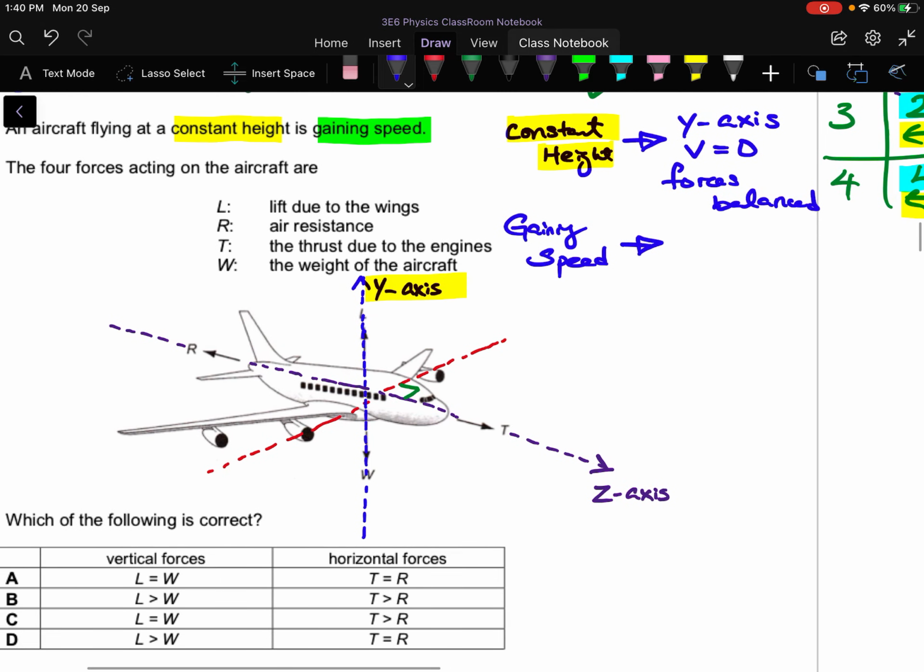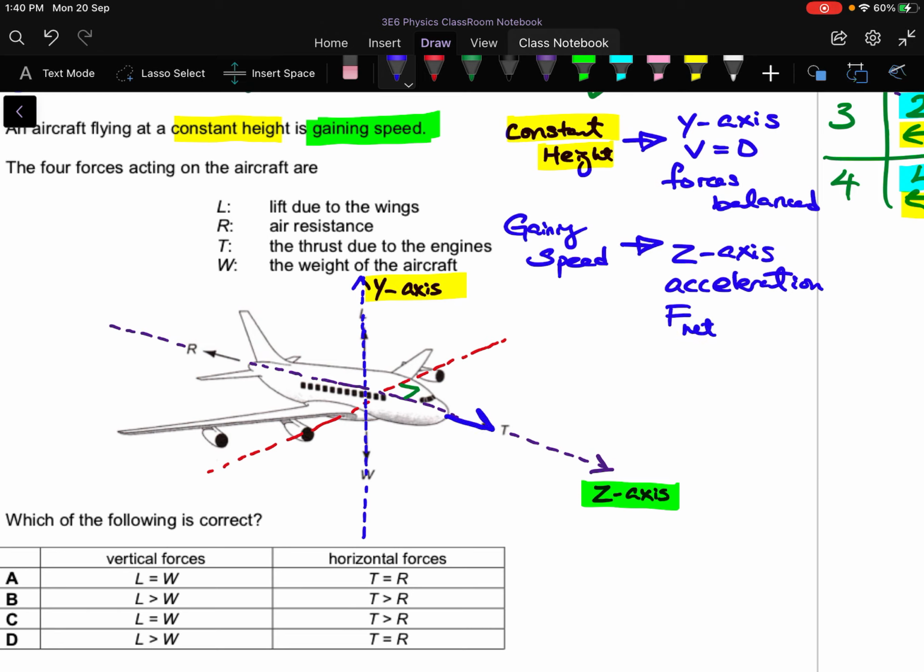Okay, let's look at gaining speed. Gaining speed means that it is going forward faster and faster, meaning that on the z-axis, the plane is accelerating. So on the z-axis, there is acceleration. If there is acceleration, that means there is F net.